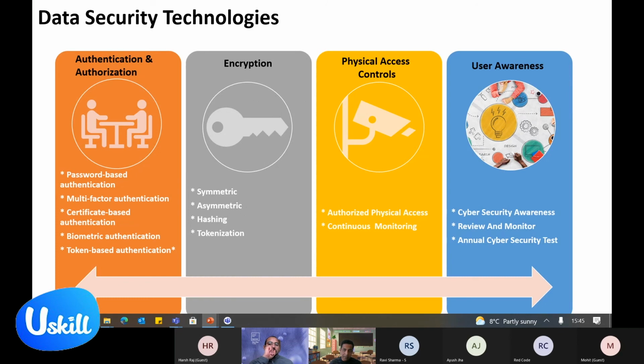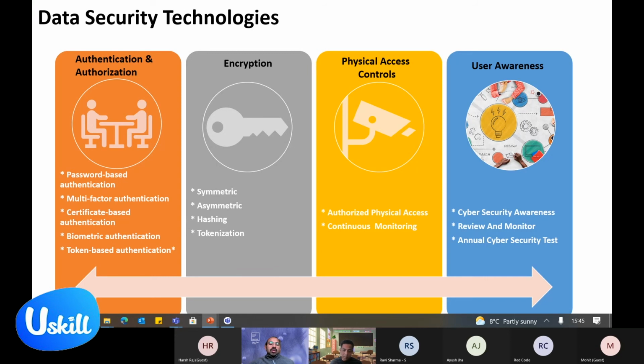The authentication method identifies my identity. My user ID is my identity, and the password is to check that I am matching that identity or not. Once the authentication happens, the next thing is authorization.